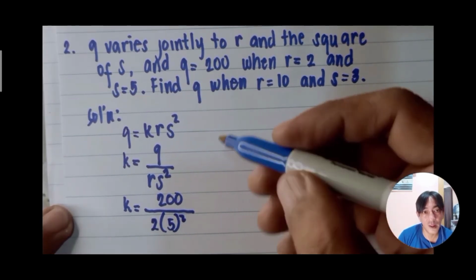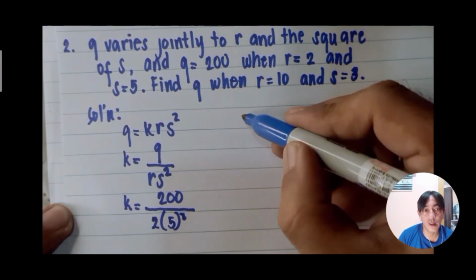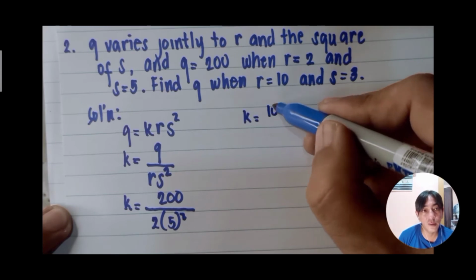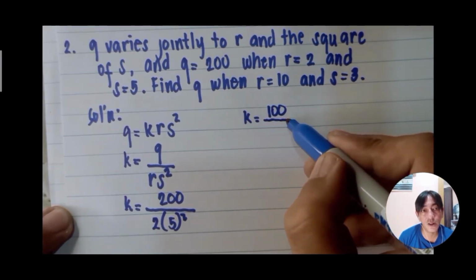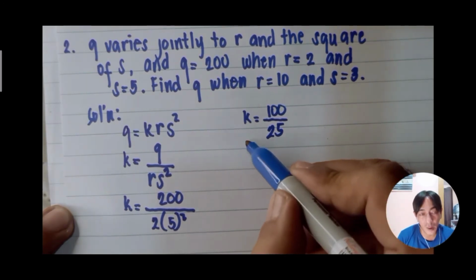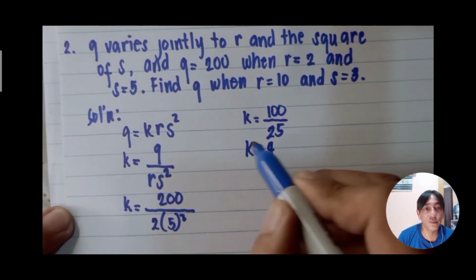So divide muna natin yung 200 sa 2. So may 100 tayo. Yung 5 squared is 25. So lagay natin muna 25. So 100 divided by 25 will be 4. So k is equal to 4.